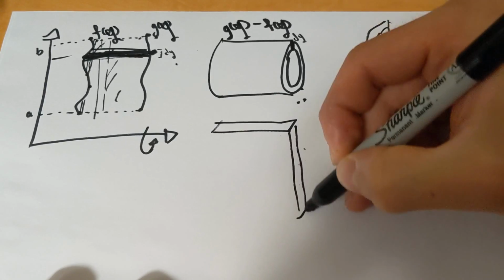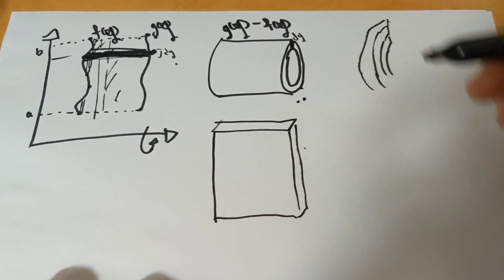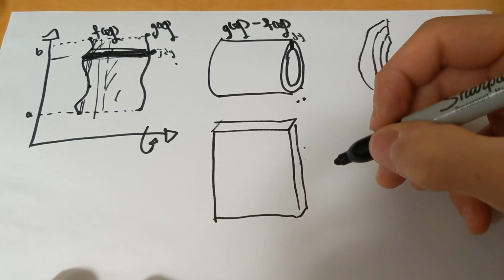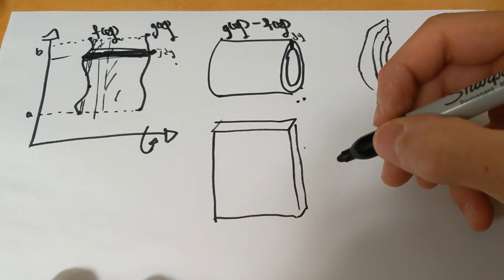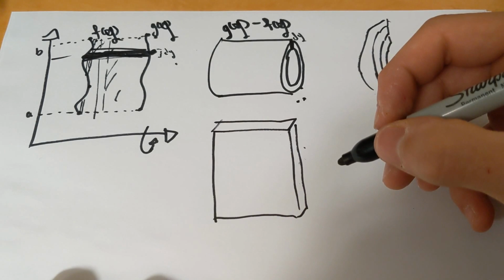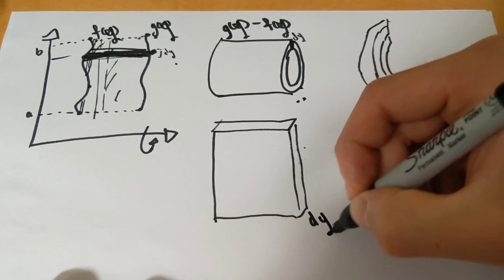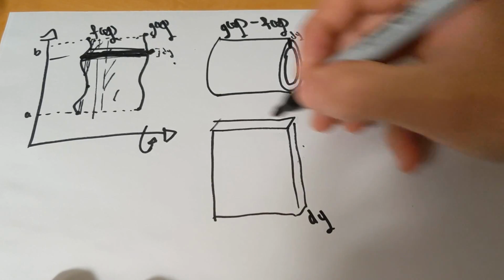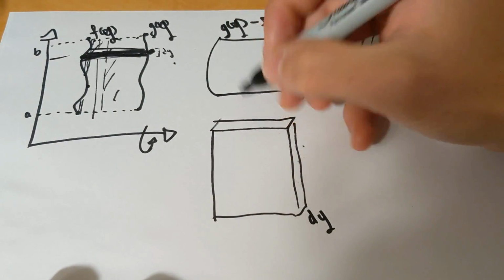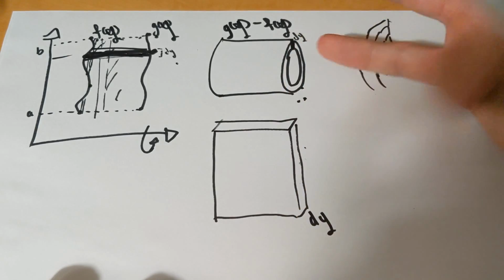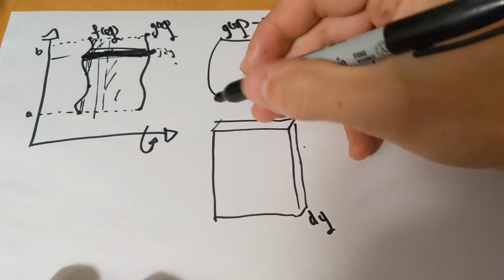And by snipping it, you can unravel it and get a rectangle now, width dy, I guess like depth dy. I don't know how to really define it.